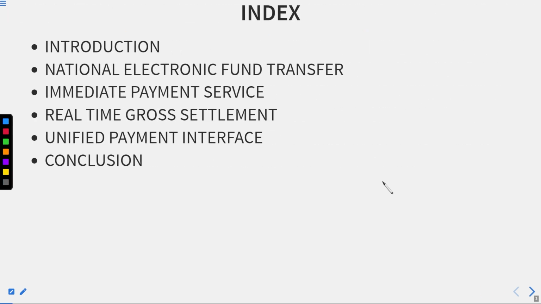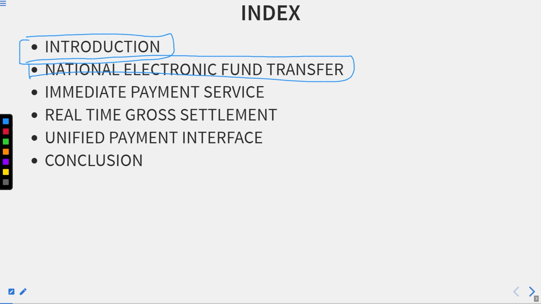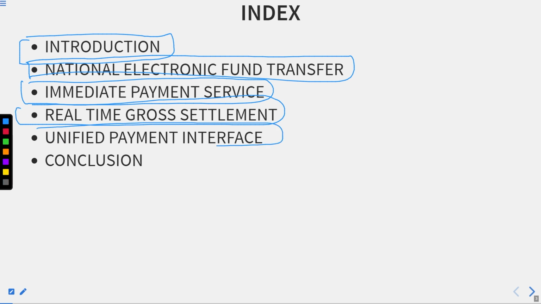Thereafter, these were the topics scheduled for discussion: first the introduction, then the national electronic fund transfer, then the immediate payment system or service, real-time gross settlement, unified payment interface, and then the conclusion. Out of them, we are done with the introduction.